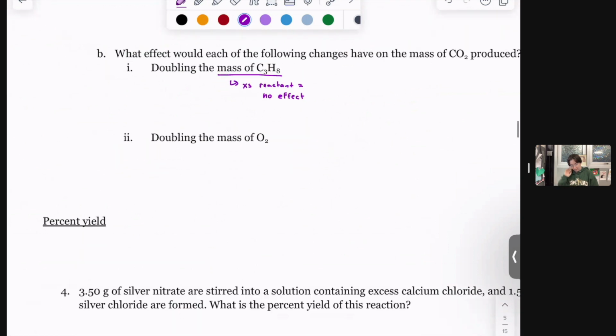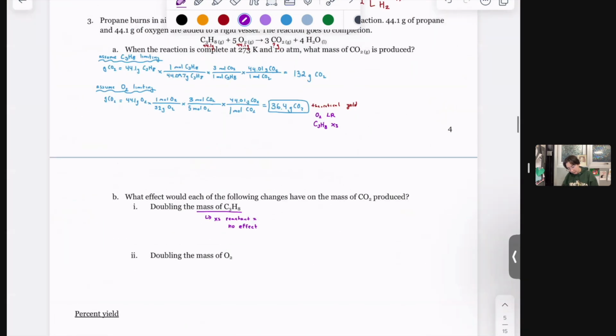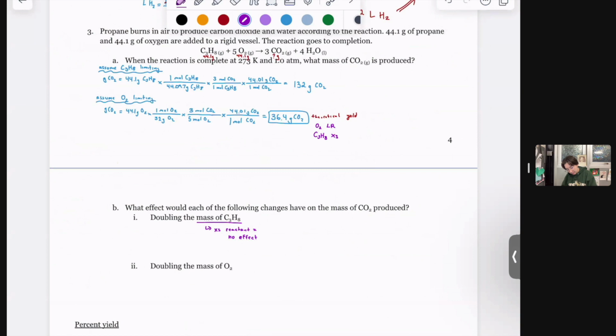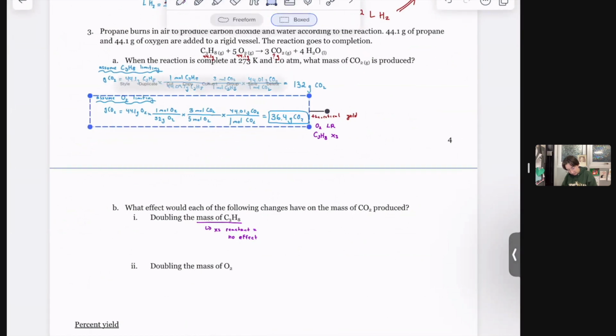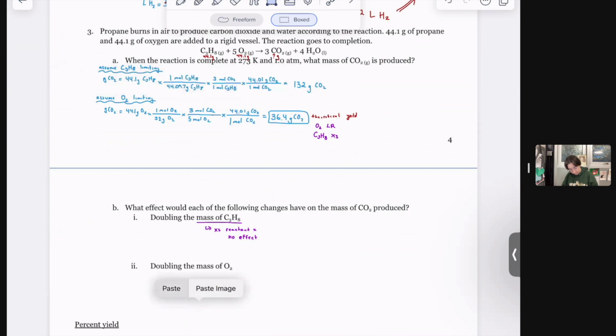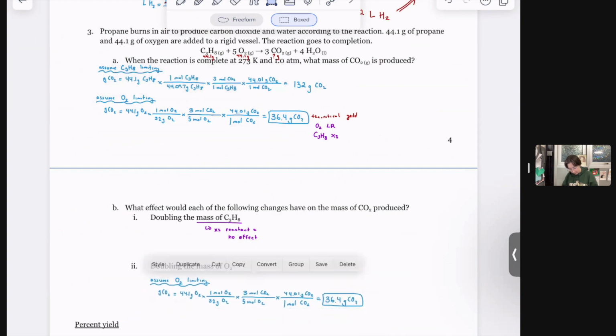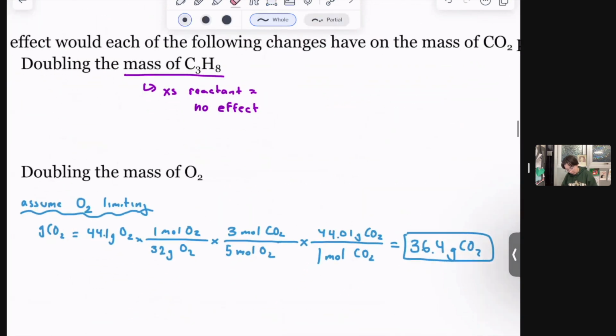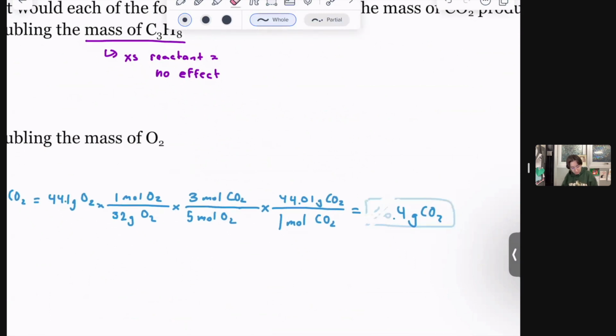Okay, what about the mass of oxygen? And again, there's tricks to it. I'm just going to straight up do the math just to assure myself, because sometimes there's weird cases like that previous one where you have to really consider all the things that are at play. Okay, let's see.